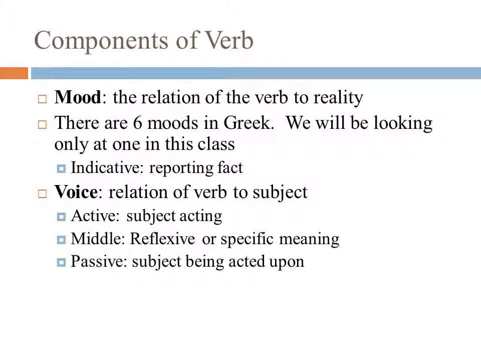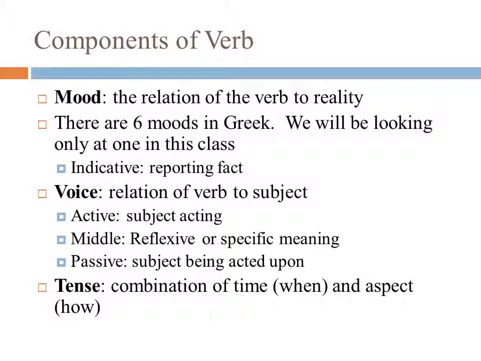And the third ending, that is like an ending in English, is passive, that the subject is being acted upon. Okay? I was thrown the ball. I am in a passive state, even though I'm the subject of the sentence, but I'm receiving the action.